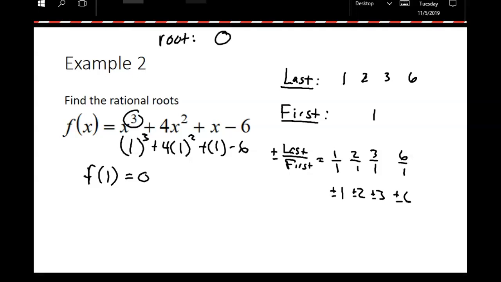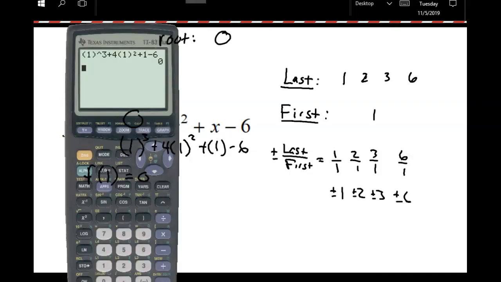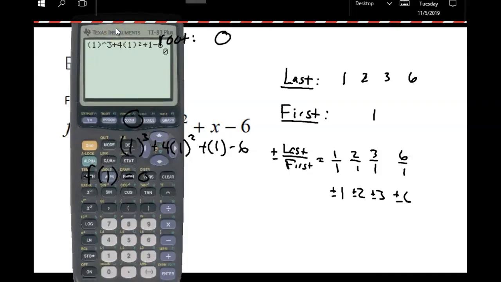Let's try negative 1. All right, now you could retype the whole thing if you want. So here we go. Parentheses. And don't forget, there's a difference between the minus button and the negative button. We want negative 1. Parentheses cubed. So that's plugging in negative 1 for x cubed. Plus 4x, which is negative 1, to the power of 2.